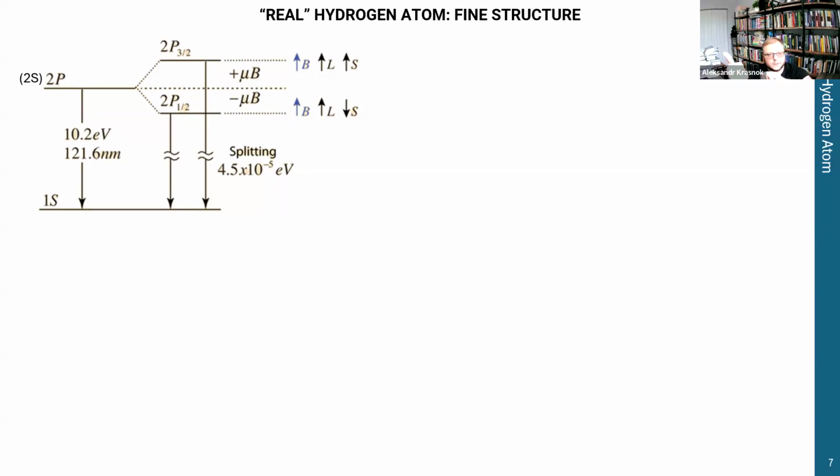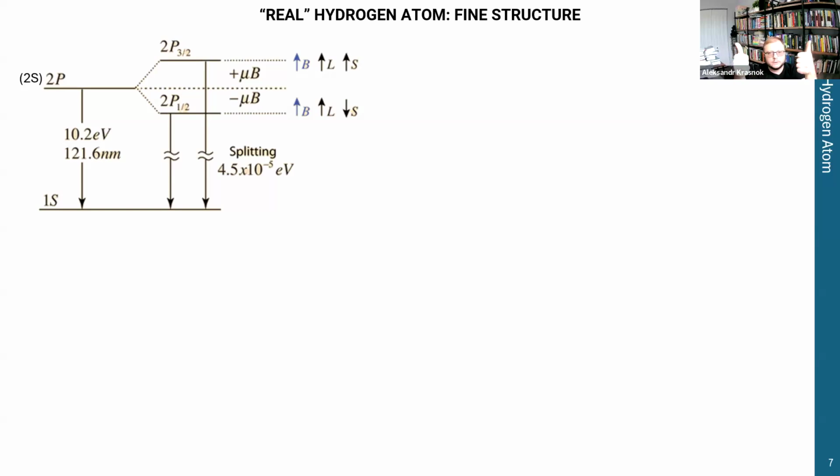The spin is an inner magnetic moment. It's like a small magnet. And if L is not equal to 0, then the orbital also gets a magnetic moment. So effectively, you get two magnetic moments, one coming from the orbital and another coming from the spin. And these two magnets, of course, can interact.